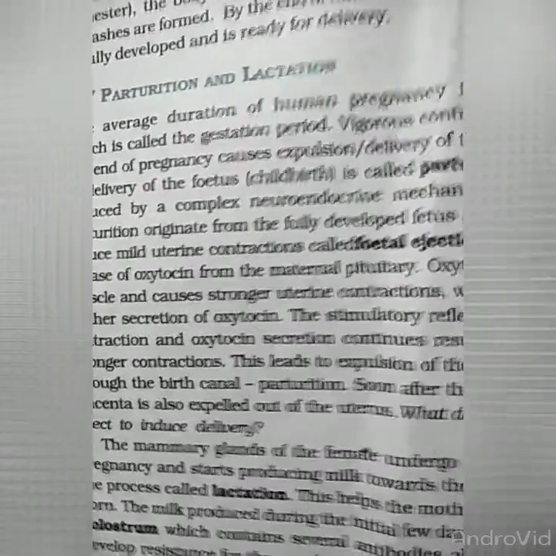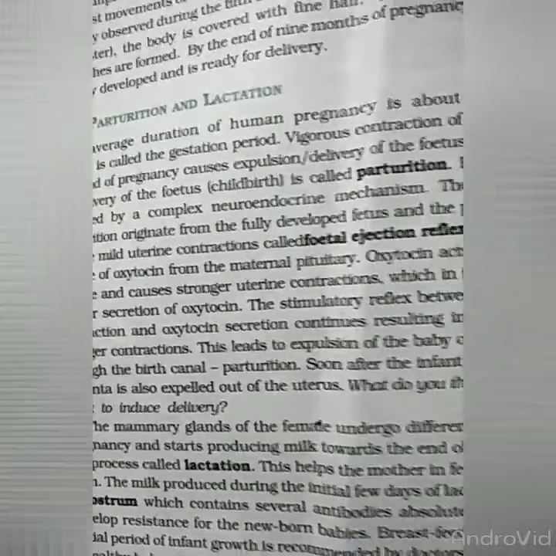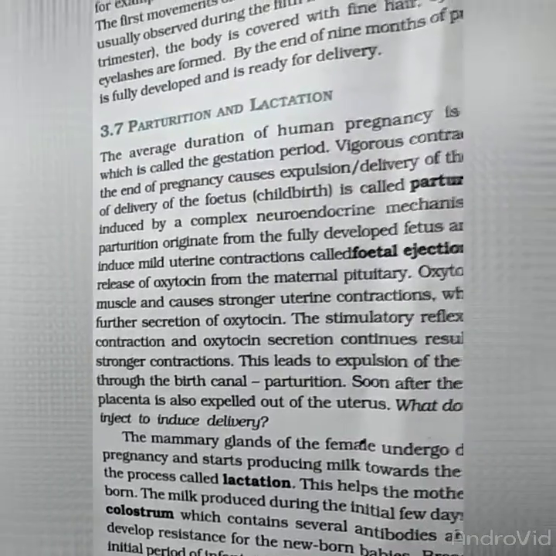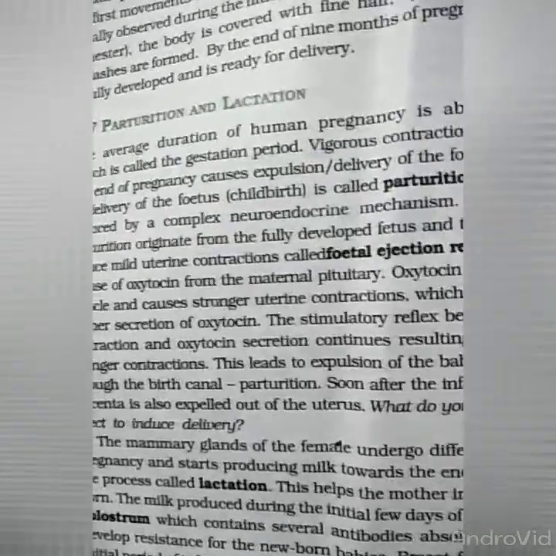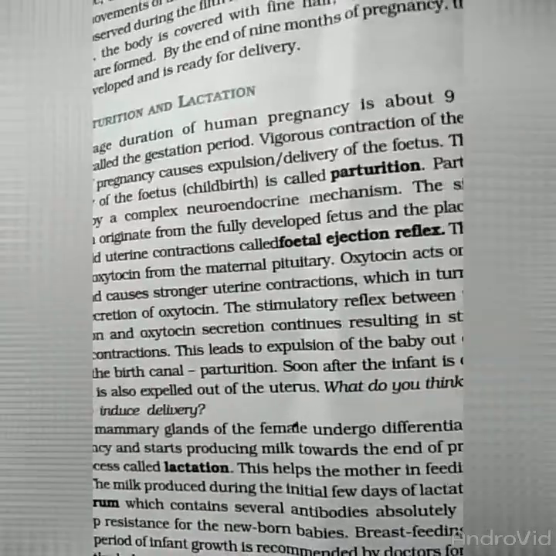Then starts lactation: the mammary glands of the female undergo differentiation during pregnancy and start producing milk towards the end of pregnancy, by the process called lactation. So what is lactation? That is important.